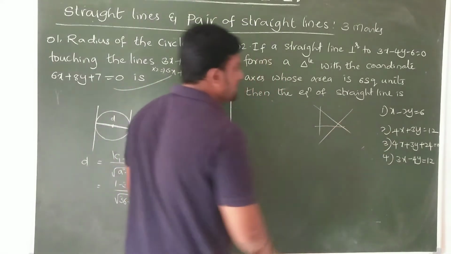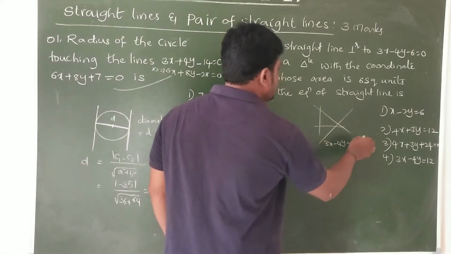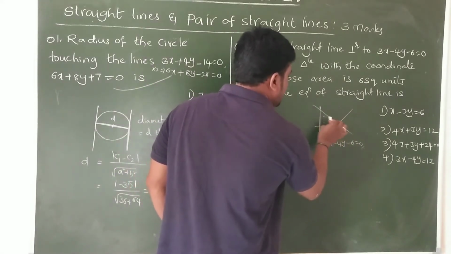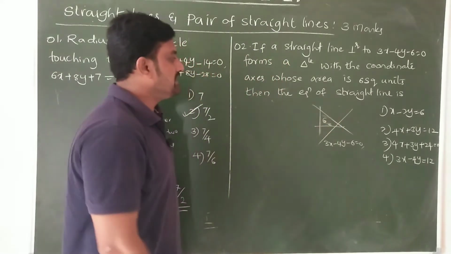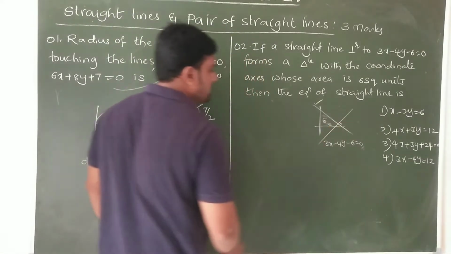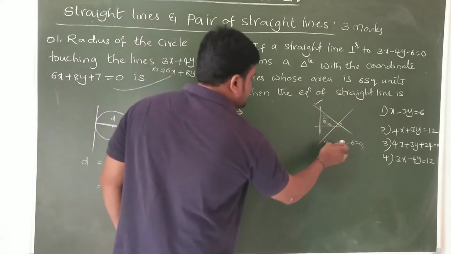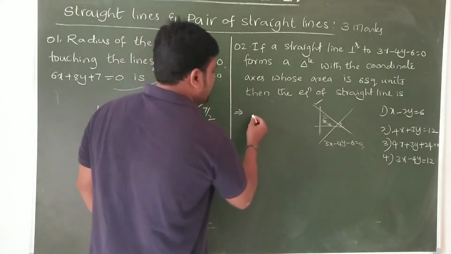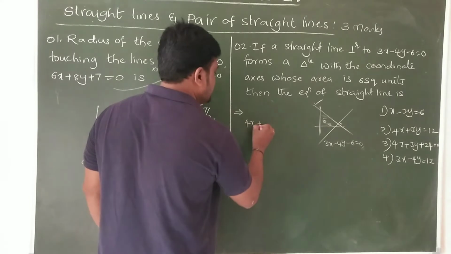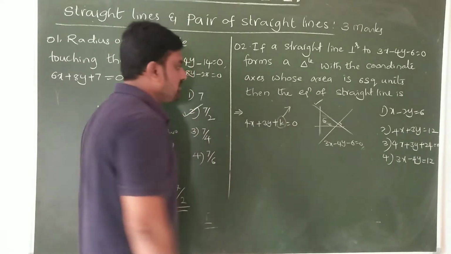Now it is perpendicular to the given straight line. So the required equation is, x and y coefficients interchanged with opposite sign like this, 4x plus 3y plus k equals 0, say. Now we need the k value.